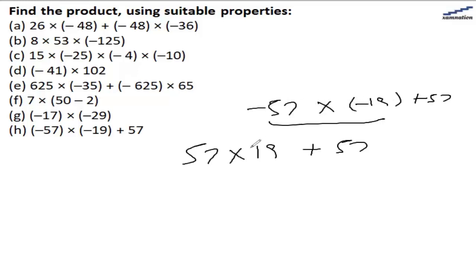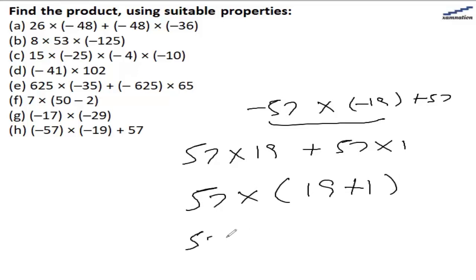Minus and minus will become positive. So what we have is 57 multiplied by 19 plus 57 multiplied by 1. We can write it like this because 57 multiplied by 1 is the same as 57. So using the distributive property, we have 57 multiplied by 20, and the answer is 1140 for the H part.